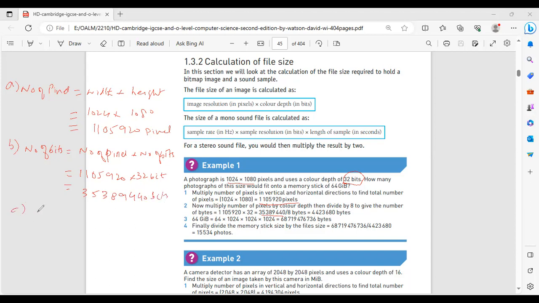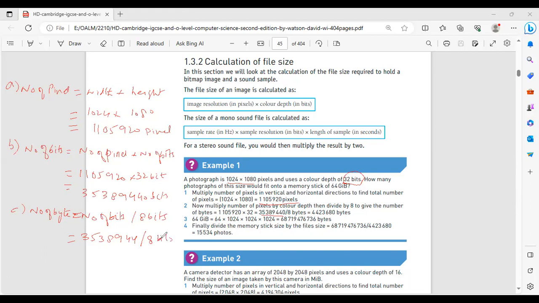Now the third step, to convert bits into bytes. So number of bytes equals number of bits divided by 8 bits always. So the answer will be in bytes. I'm writing again 3538944 divided by 8 bits.